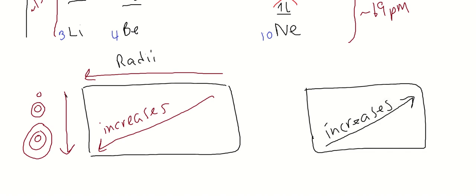We call that ionization energy, specifically the first ionization energy, to remove the first electron from an atom. Again, as you go up, those electrons on the outside are closer to what they're attracted to, and as you go across the periodic table left to right, there's greater nuclear charge and the same amount of shielding.